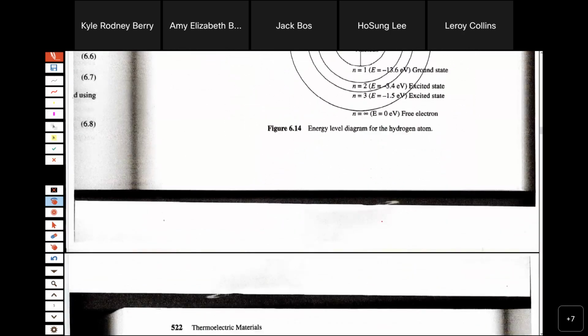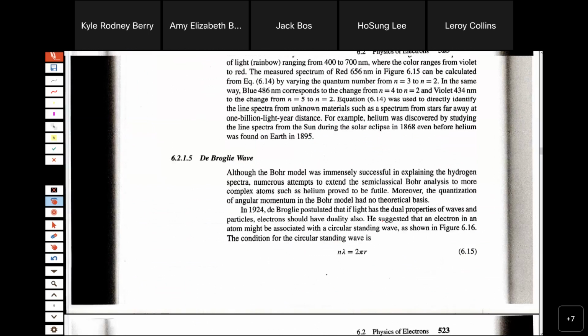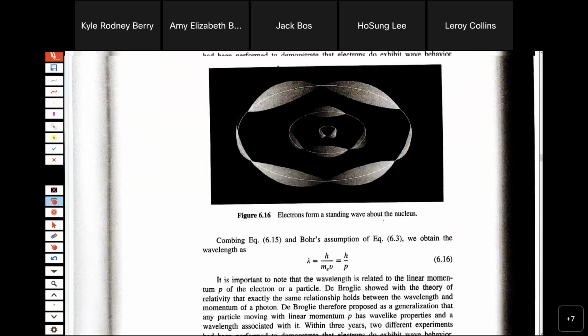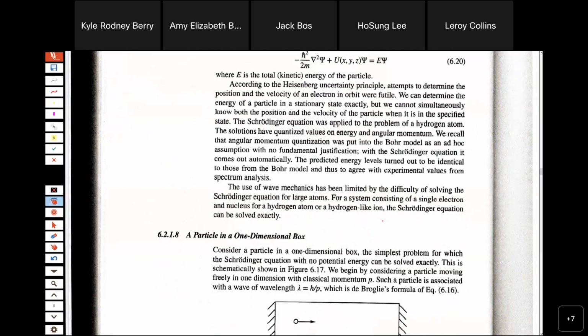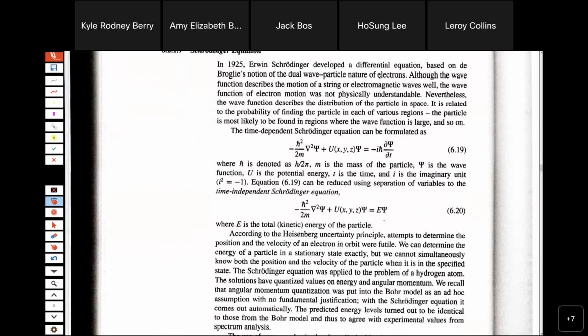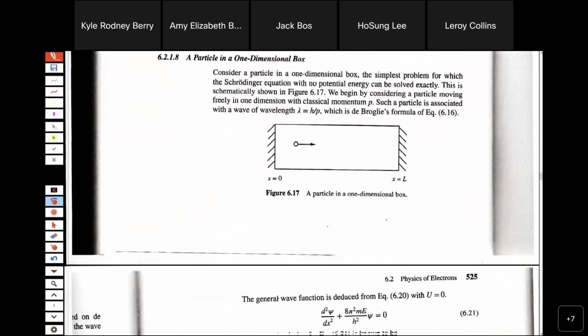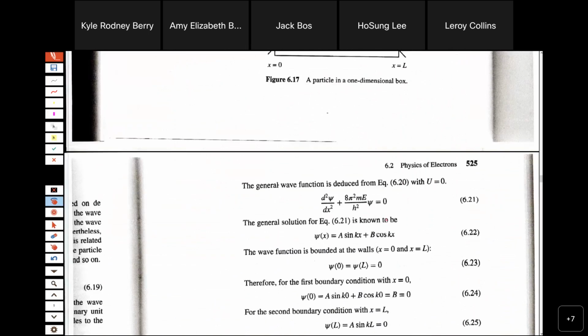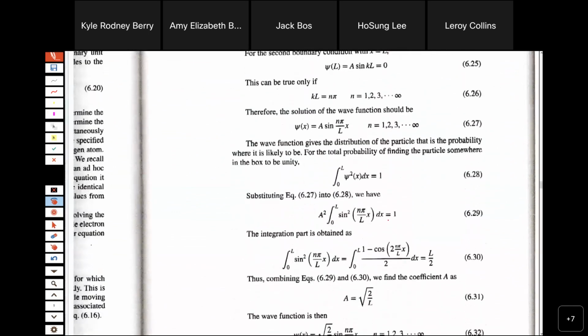What happened is we calculate this with the Schrodinger energy equation, and we calculated the energy. I don't want to go into detail.